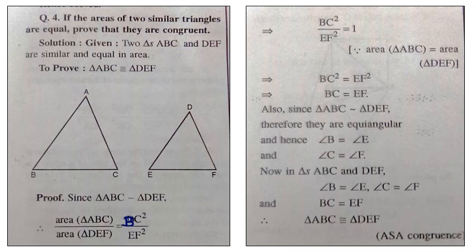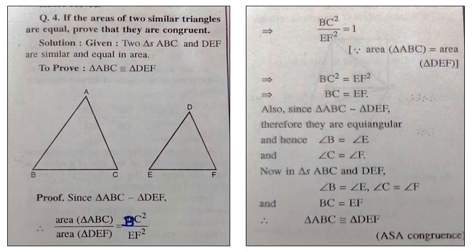So we get BC square by EF square. Since the areas are equal, BC square by EF square is equal to 1. Now by cross multiplication we get BC square is equal to EF square. Therefore BC is equal to EF. Their square roots are also equal.